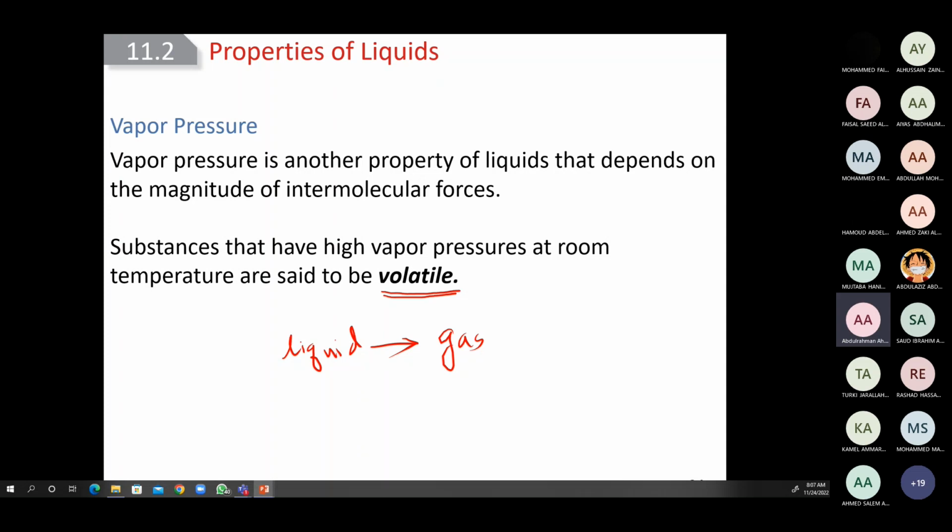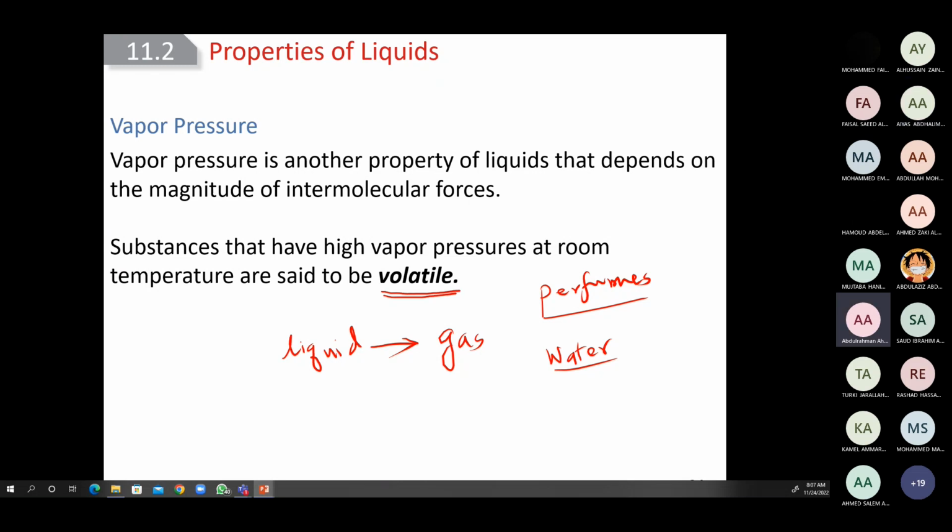All right. And that's why, again, perfumes and water. Which is more volatile, perfumes or water? Perfumes. How did you know that? Because when we use perfume it disappears right away and turns into gas.